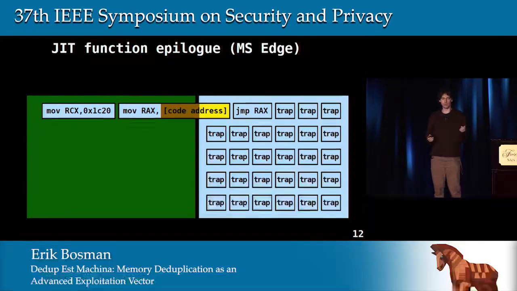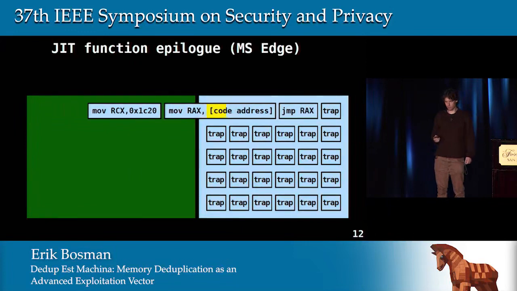Actually, we know all information in the epilogue except for the code address, so that's what we want to leak. So if we create a JIT function with the code address just on the boundary, we can leak this code address in multiple steps. And then at every step we can fill in the parts that we already know.